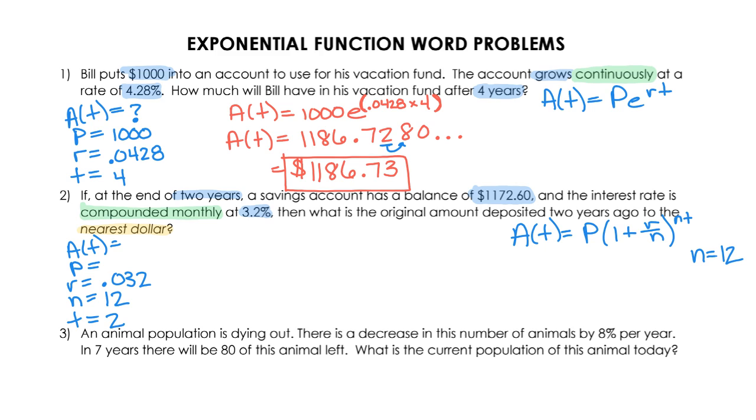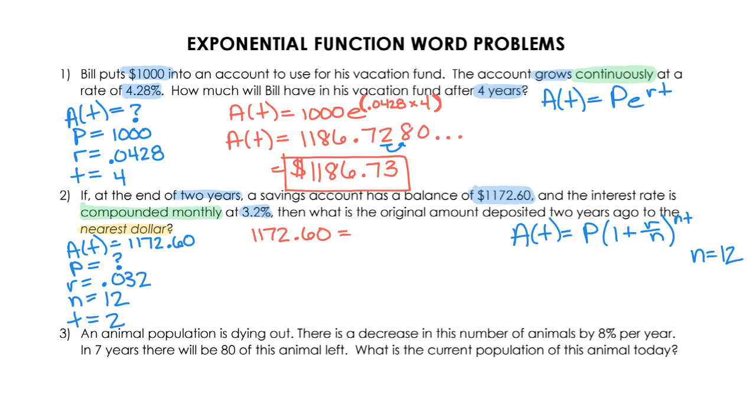And we have to be careful because it's saying that we want to know the original amount deposited. So we don't know our principal. We don't know what we put in 2 years ago, but eventually the final amount came out to be $1,172.60. That's a little bit different, but let's see what happens.